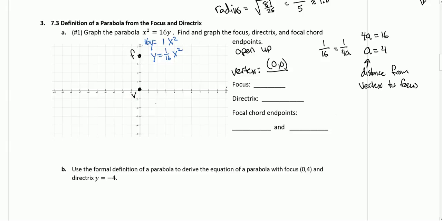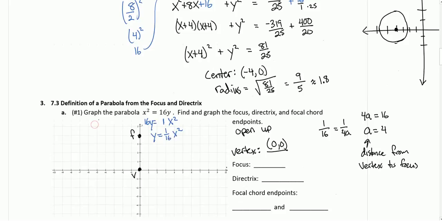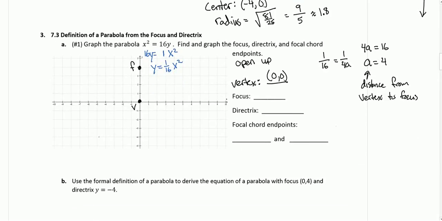And then the directrix is on the opposite side of the vertex, the same distance, that distance a from the vertex. So I'm going to go down 4 and sketch our directrix. The directrix is, in this case, a horizontal line.